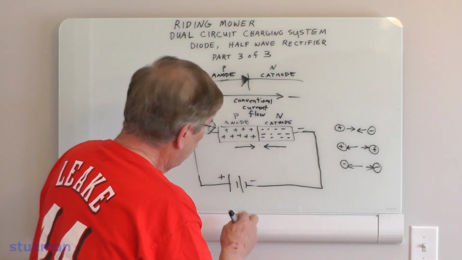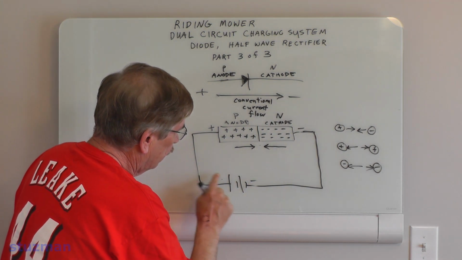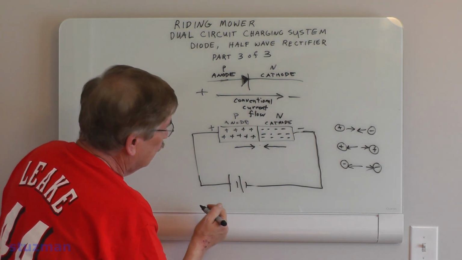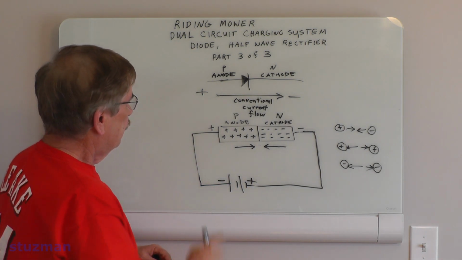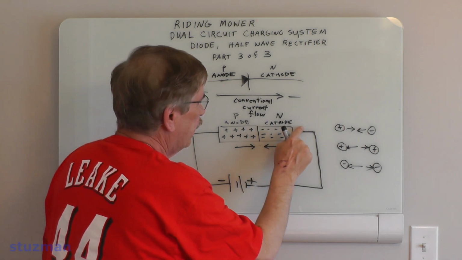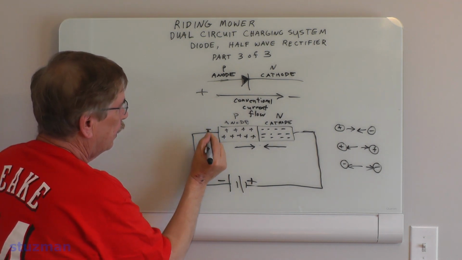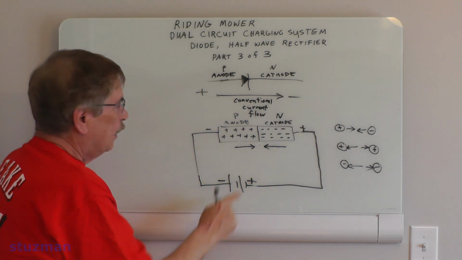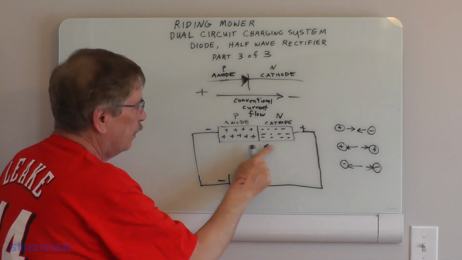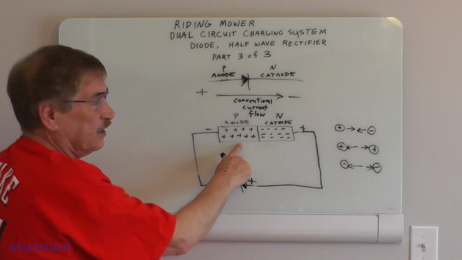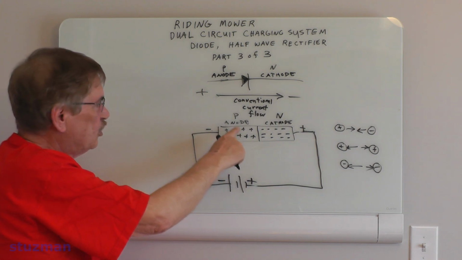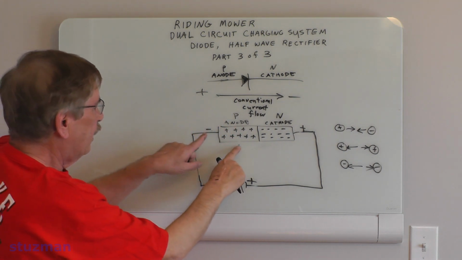All right. So let's go back and let's do this. Let's go ahead and reverse these connections. Now we have a negative here, negative there, and positive over here. Can you now see that the positive charges inside the P-type material are being attracted to the negative?